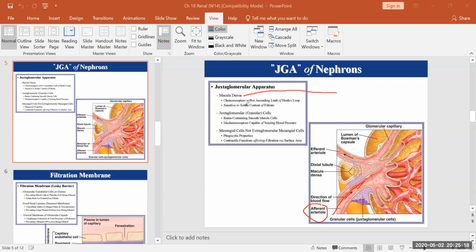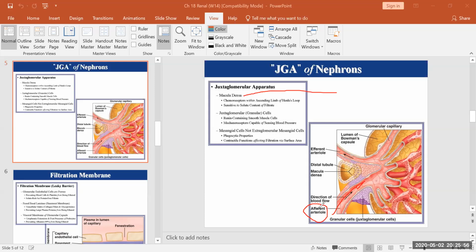So if they detect a high concentration of sodium in the renal filtrate, they will send a paracrine signal, a paracrine chemical messenger. Remember paracrine? Paracrine means short distance communication chemical messenger, right? This paracrine signal will allow the afferent arteriole here, the arriving blood vessel, to constrict, to slow down blood perfusion into the glomerulus.